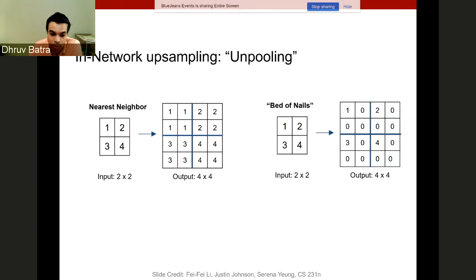We had introduced some heuristic ways of doing upsampling, which was nearest neighbor upsampling. So just take a 2D matrix and replicate every pixel in a 2x2 neighborhood in a particular pattern.